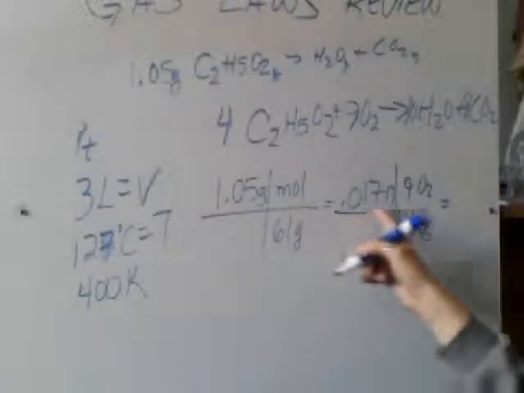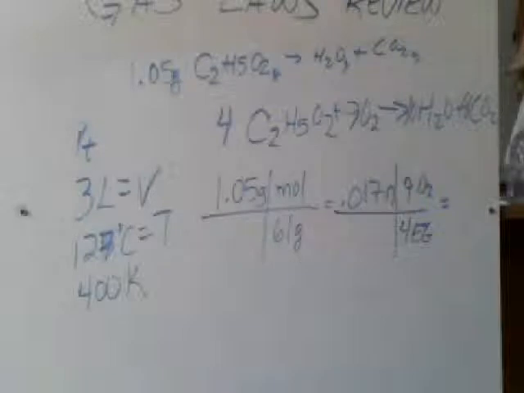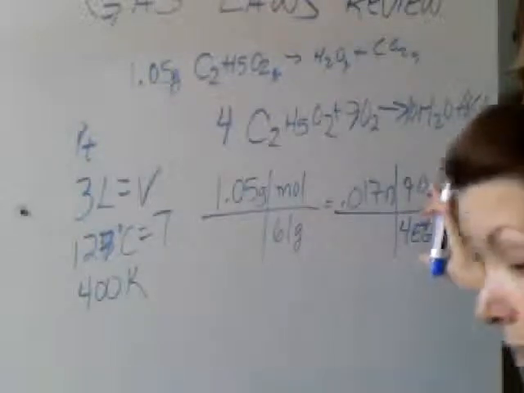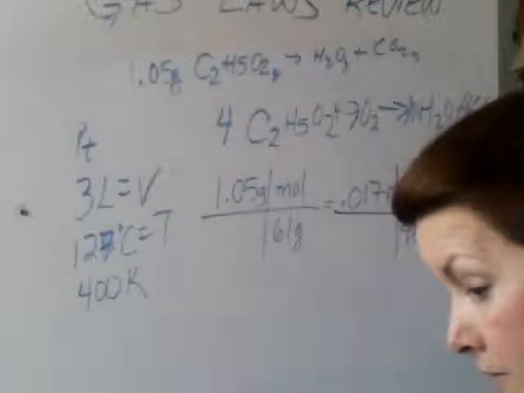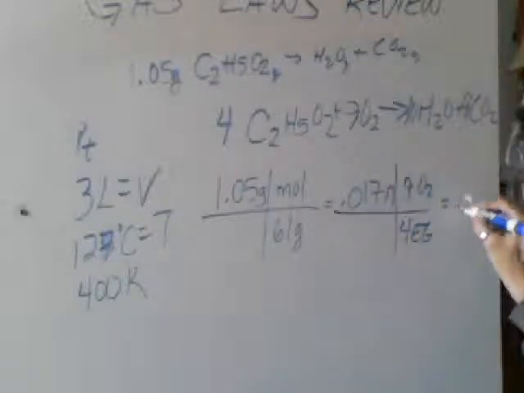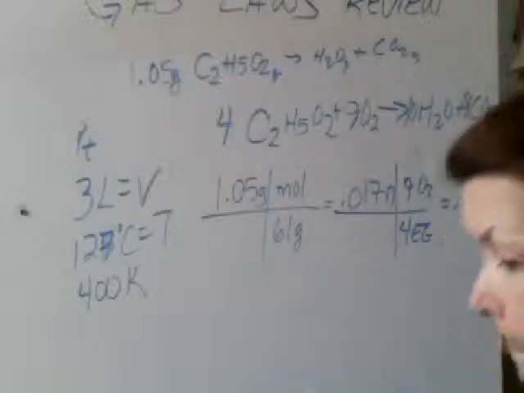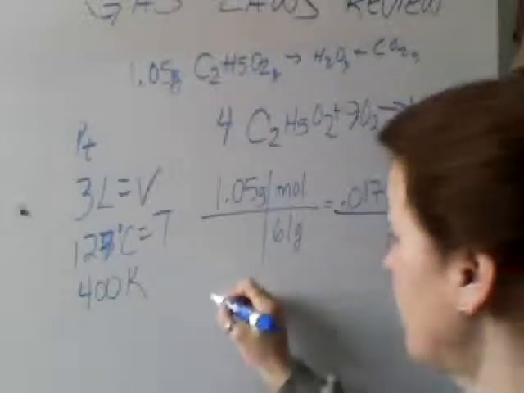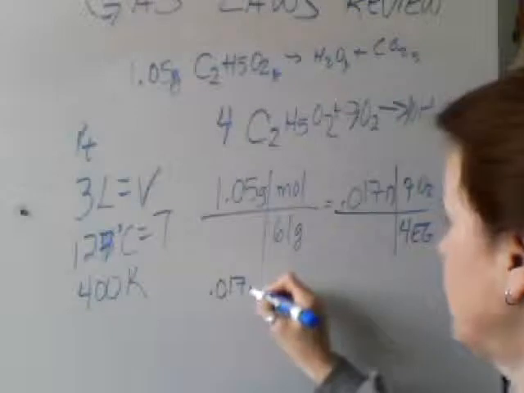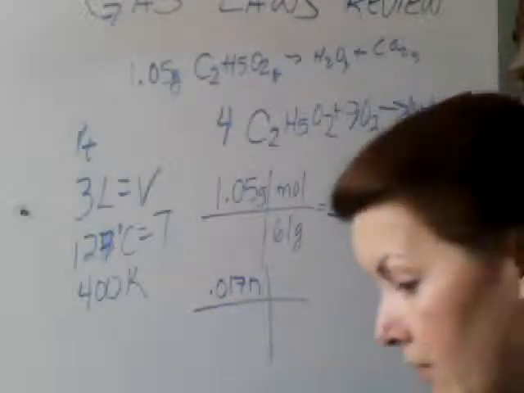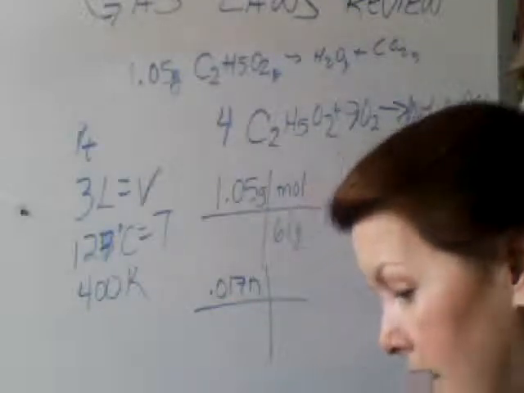And so in order to completely combust 0.017 moles of ethylene glycol, we would multiply it by that fraction, and we would find that we would need 0.038 moles of oxygen.